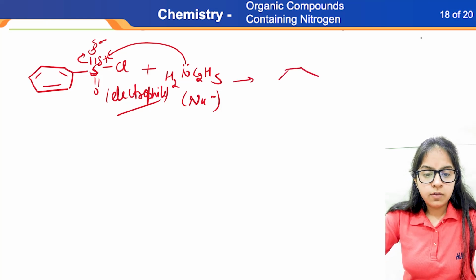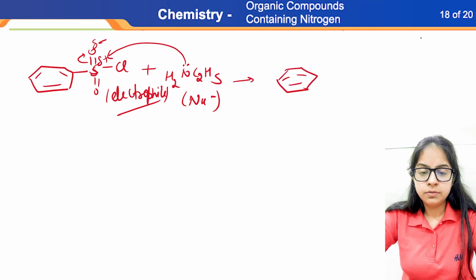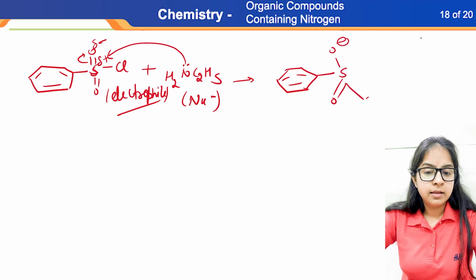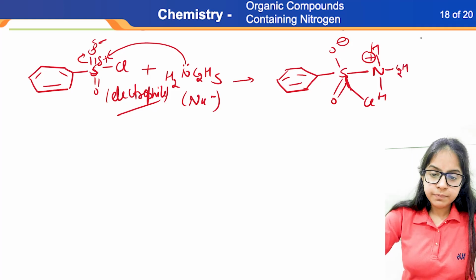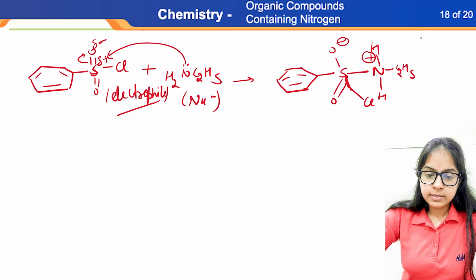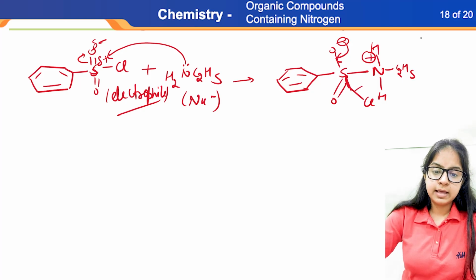So how I'll show this to you: oxygen negative, double bond, Cl on this, and H positive, C2H5. Okay. Now the next one is oxygen negative is going to come back, and this Cl negative is going to leave.